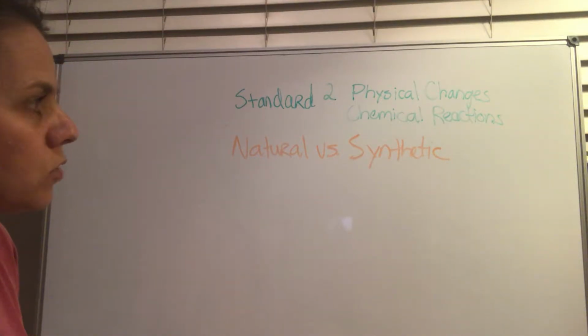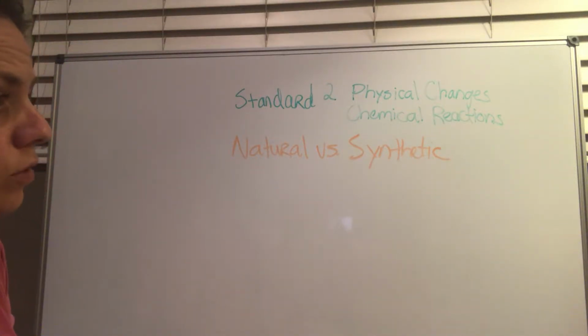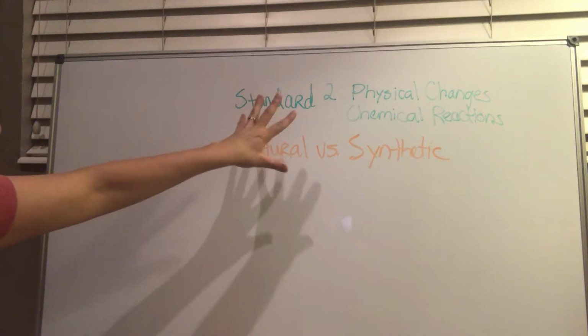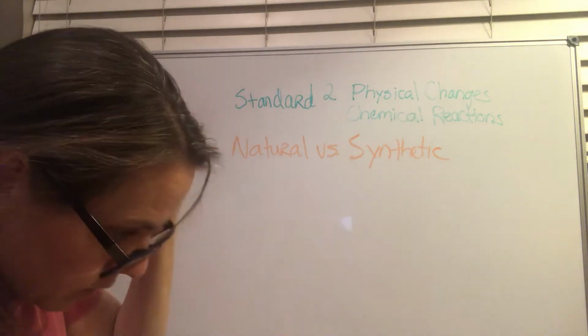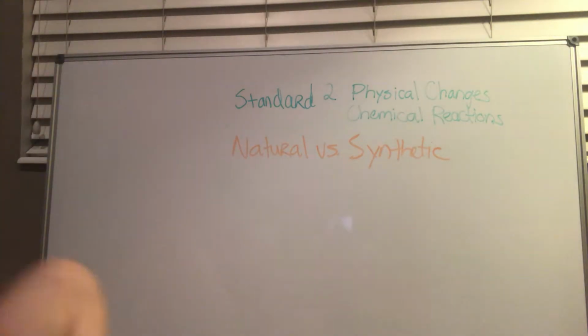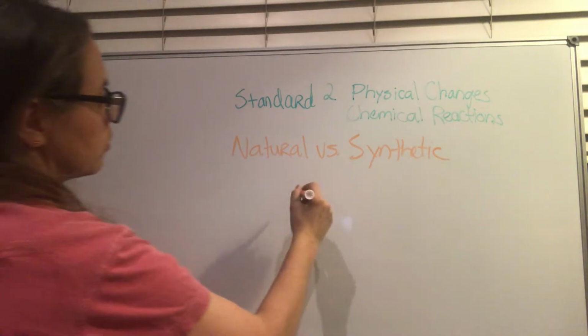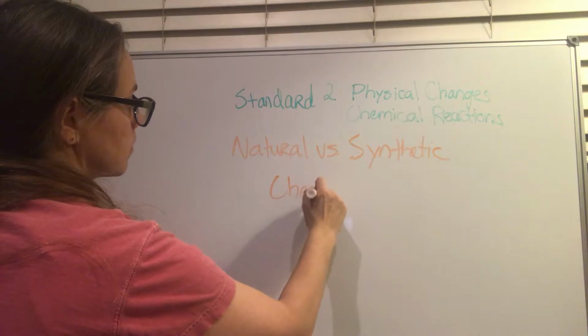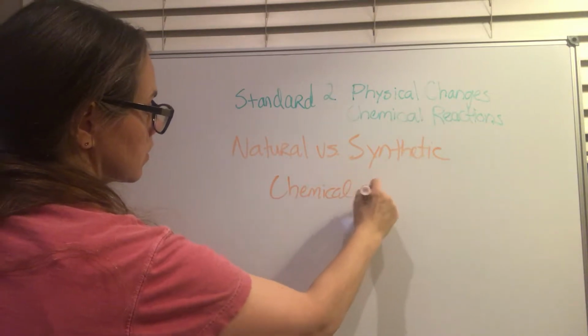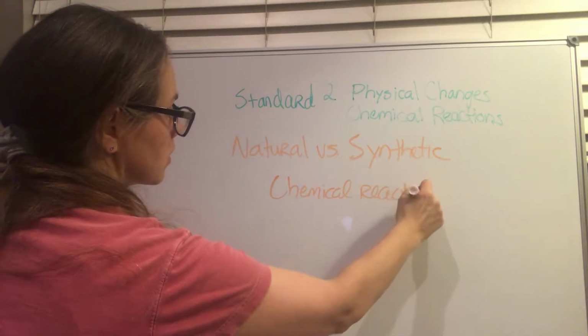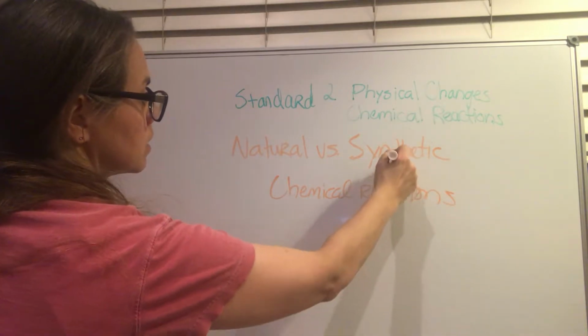Okay, we talked about natural versus synthetic later on when we talked about natural resources, but it also has to do with standard too. So we need to understand that when a substance undergoes a chemical reaction, that's how we make synthetics.